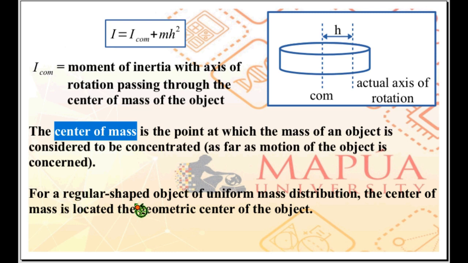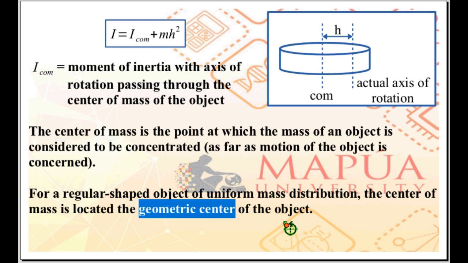For regular shaped objects of uniform mass distribution, the center of mass is located at the geometric center of the object. A cylinder is basically a regular shape. The center of mass is at the geometric center of the object, assuming uniform mass distribution.